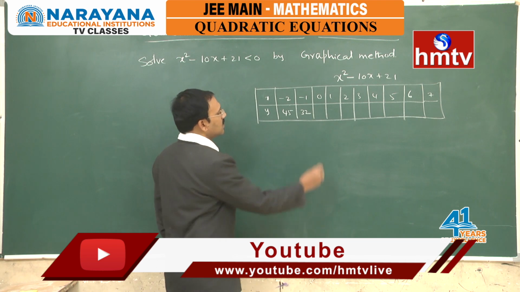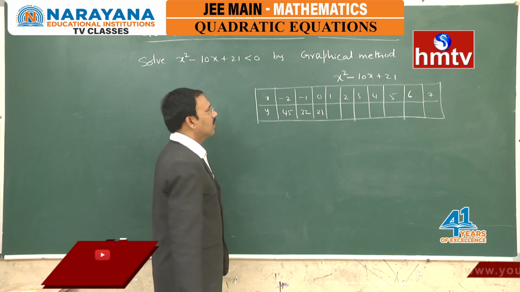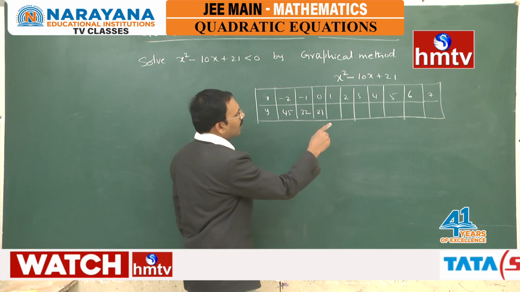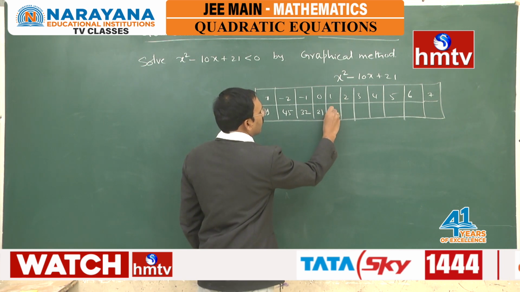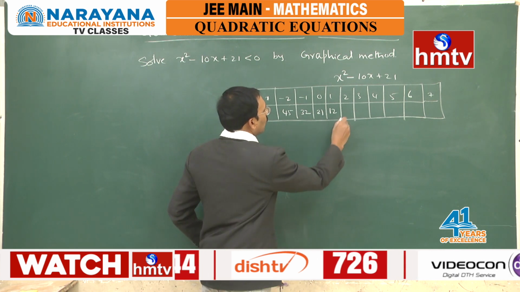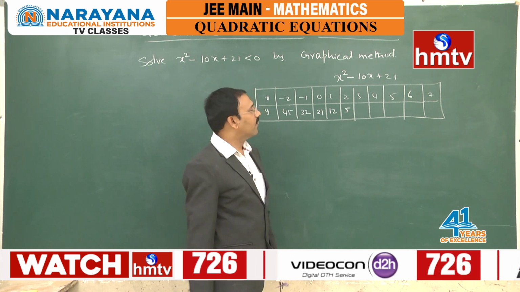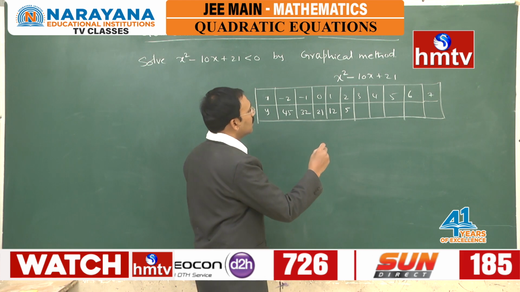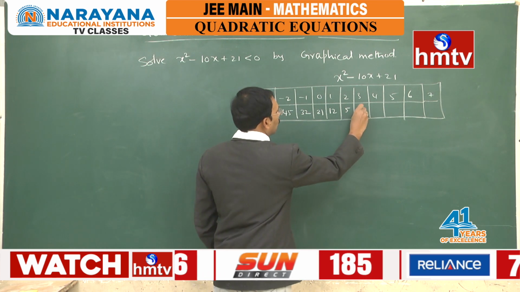When x is 0, it is 21. When x is 1, it is 11 plus 1, 12. When x is 2, it is 4 plus 1, 5. When x is 3, it is 0.